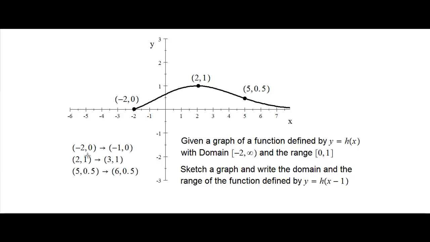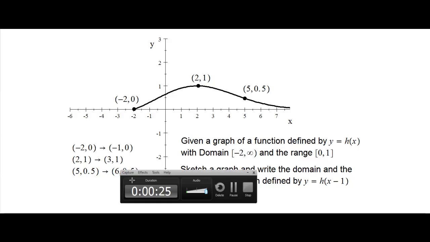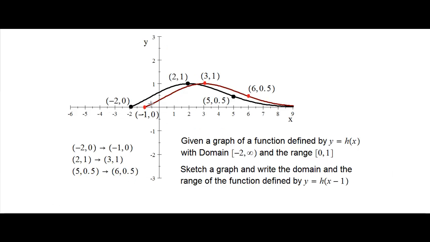During the course of that horizontal shift, negative 2, 0 will shift by 1 to negative 1, 0. 2, 1 will shift to the right by 1 unit, so it's going to land at 3, 1, and 5 and 0.5 will shift to 6 and 0.5. This gives our new graph as this red graph, passing through these three shifted points.